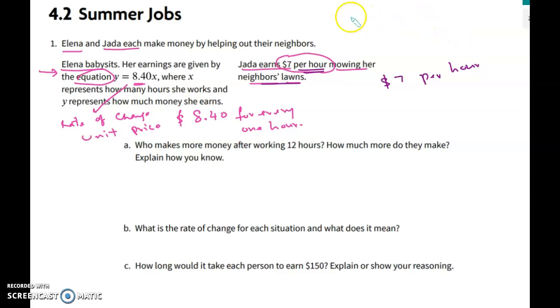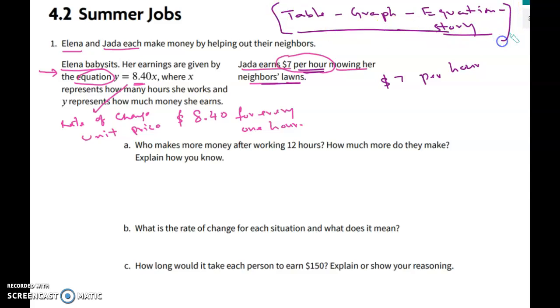You can create everything that you need. So you can have a table or graph or equation or a story. We're looking at the different forms any proportional relationship can be represented with.